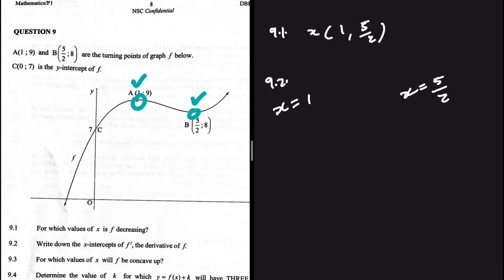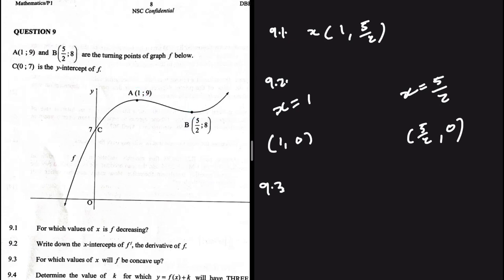So the coordinates of the x-intercepts: x is equal to 1, y is 0. X is equal to 5/2, and y is 0, right? So that is how it works. The stationary points of the cubic function will give you the intercepts of the derivative, which is the quadratic function. So that is 9.2.